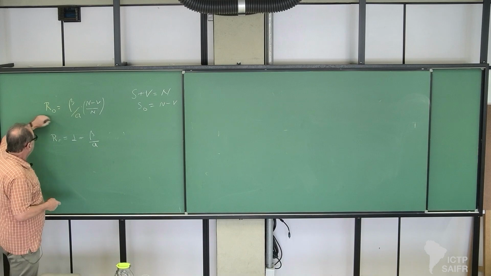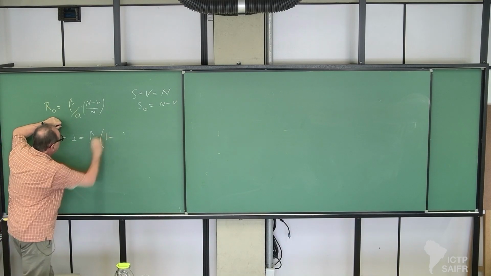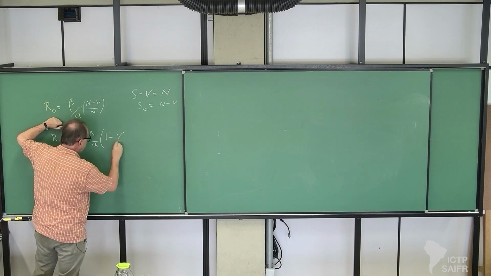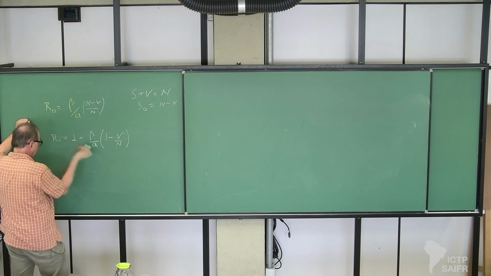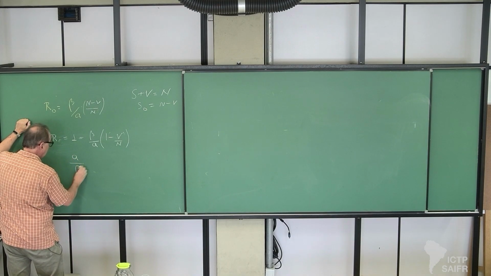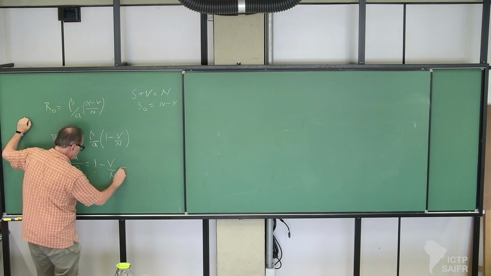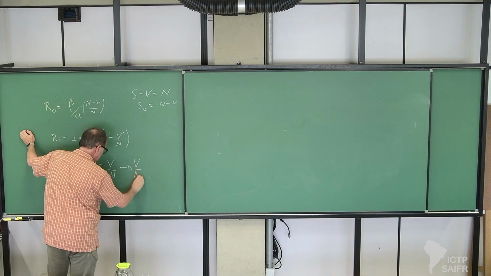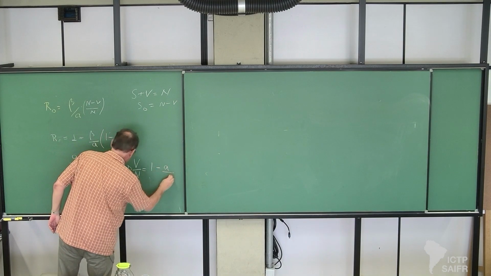If I want this to be equal to 1, I have A over beta equal to 1 minus V over N, which implies V over N is equal to 1 minus A over beta.